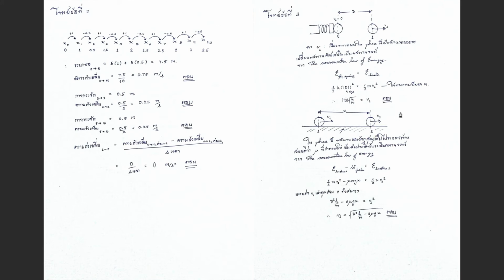Okay, then the second phase is the phase that has friction. The energy on the right side started with the energy from the previous phase.